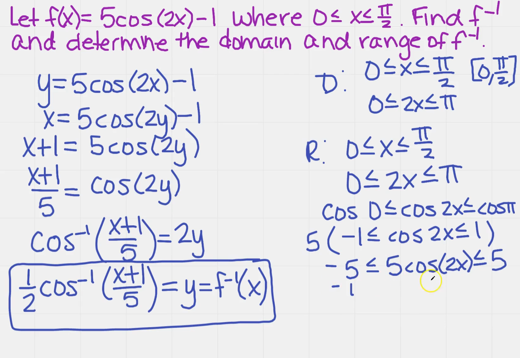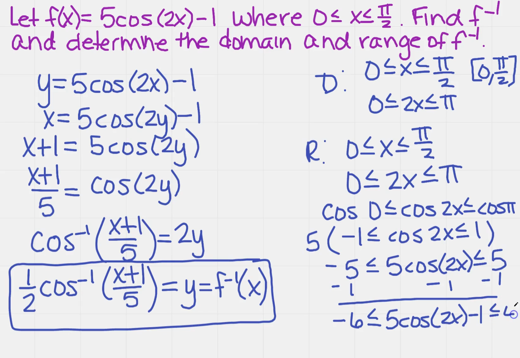So I'm going to subtract 1 from all three parts of my inequality, which is going to give me minus 6 is less than or equal to 5 cosine of 2x minus 1 is less than or equal to 4. Well, that right there is going to give me my range. So my range is going to go from minus 6 to 4.